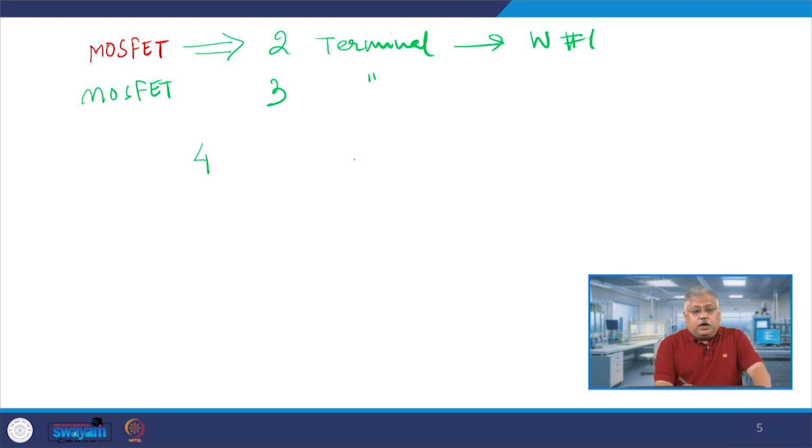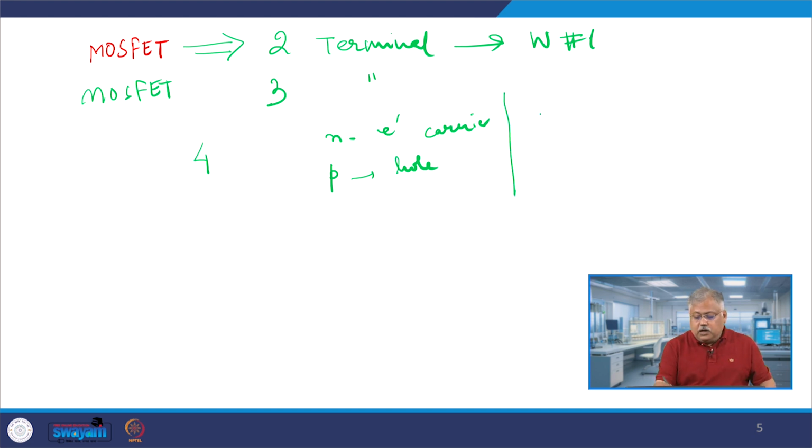I told you MOSFET is generally of 4 types. Depending upon the type of carrier that flows, you can have 2 types, N type and P type. If N type, electrons are the charge carriers, and if P type, holes are the charge carriers. Then there are 2 types of structure: enhancement mode and depletion mode.